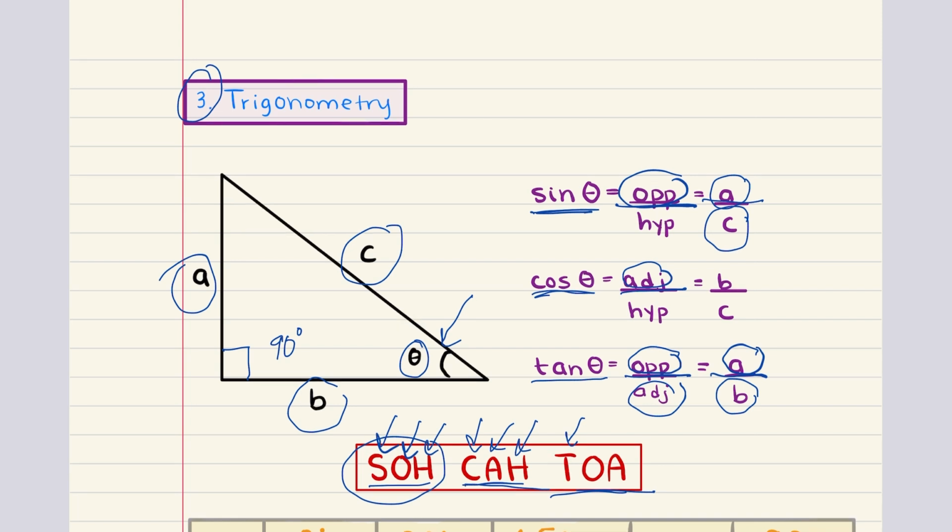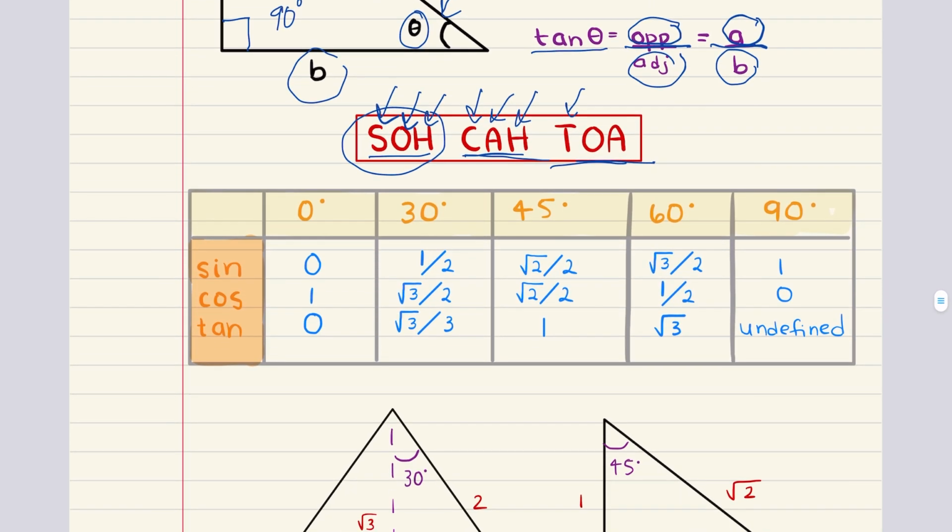With that being said, what is important to know is the values for sine, cosine, and tangent at specific angles: 0 degrees, 30 degrees, 45 degrees, 60 degrees, and 90 degrees. These are commonly used in problems, so let's work through this table.